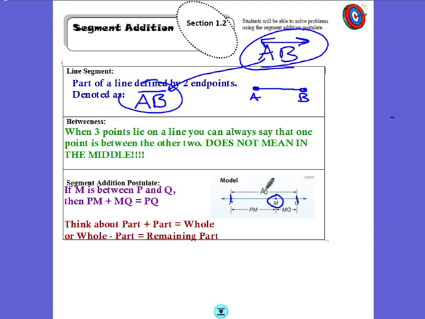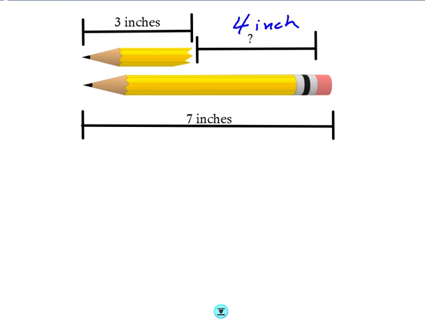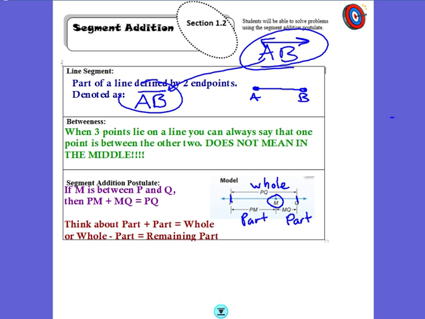One way I'm going to describe this is that PM is part of this segment, MQ is also part of the segment, and PQ is the whole segment. So I can say this part plus this part equals the whole thing. Think back to the pencil. If I took the 2 pieces of the pencil and put them back together, it should equal the whole pencil again. So that's what segment addition is all about.